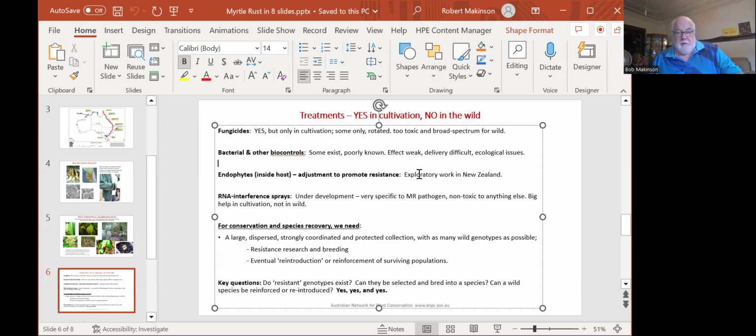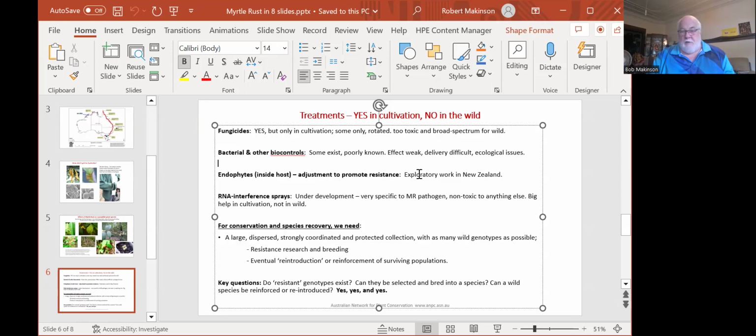For conservation purposes, we're interested in preserving the full range of adaptive variation that exists in a wild species, but simply adding to it a greater capacity for tolerance of this particular disease, enough to get it through the threat that is posed to it. So the requirement for quite large collections is really a major logistical issue for us.